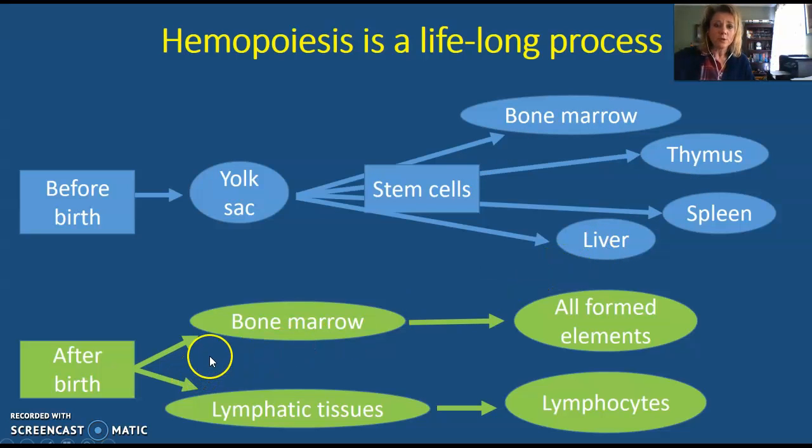And then after birth, hemopoiesis is going to move largely to the bone marrow and to the lymphatic tissues. And so all of the cells are going to start off in the bone marrow, but the lymphocytes, the cells that play a really big role in the immune system, they're going to leave the bone marrow and differentiate and mature in different tissues in the body.